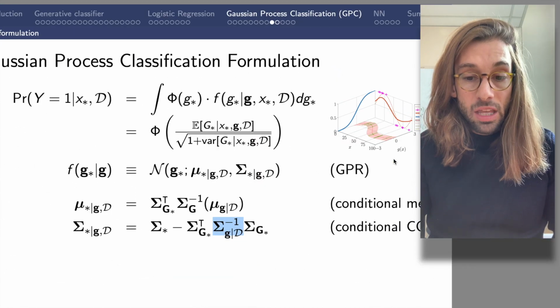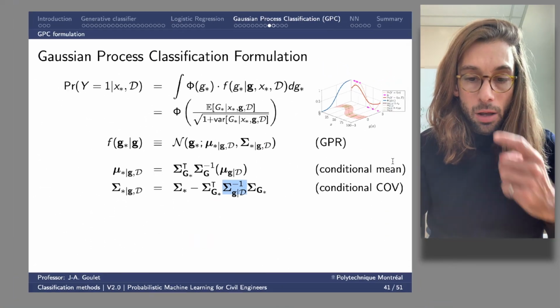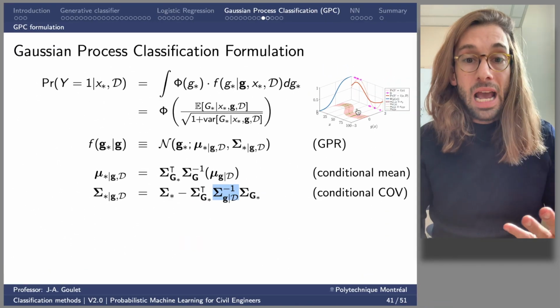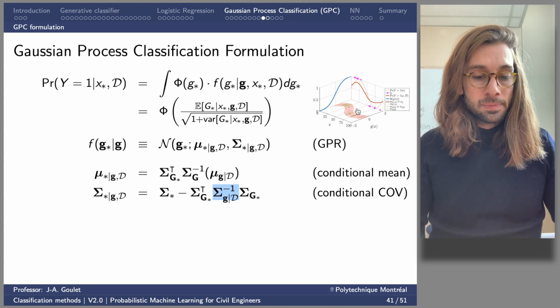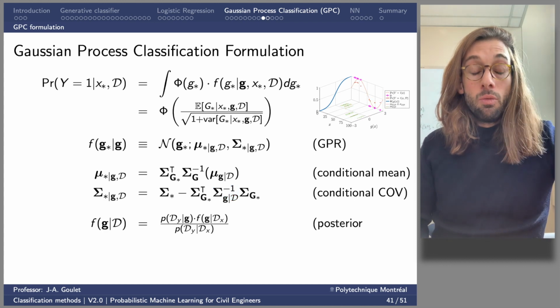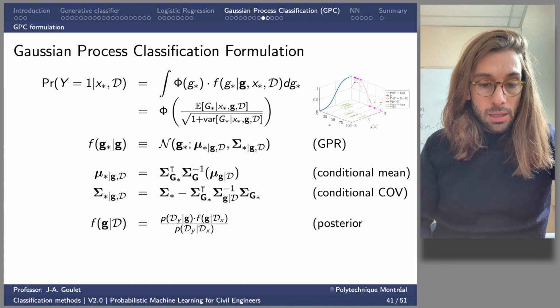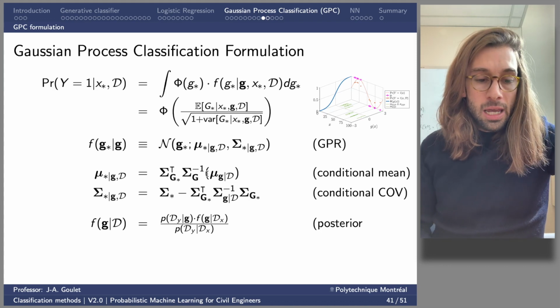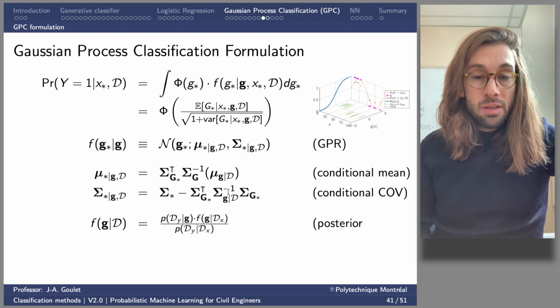But we don't have them. I've plotted them on this graph, but I haven't told you yet how we obtain those. So to obtain those, we need to describe the posterior, okay? So these things are the parameters, the expected mean vector and covariance matrix of this posterior, okay?